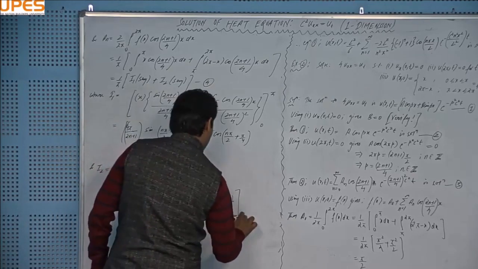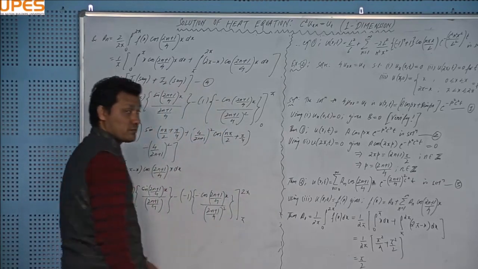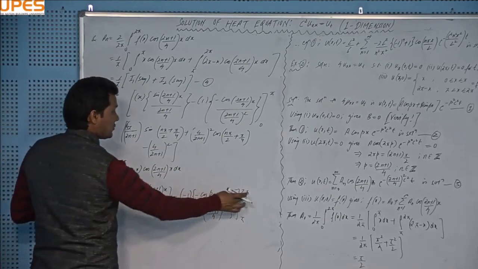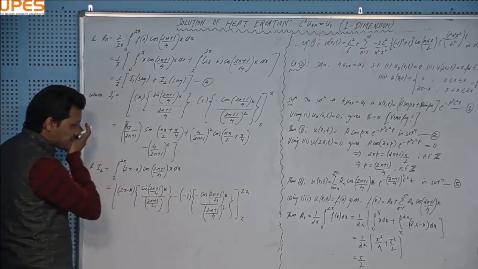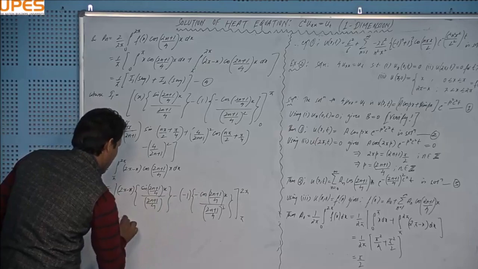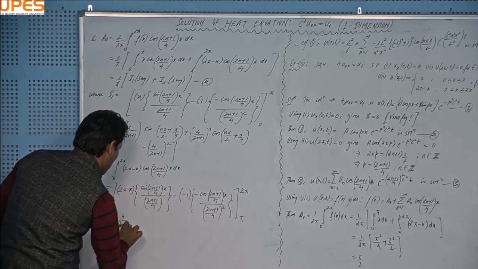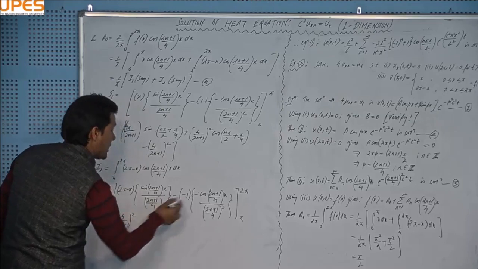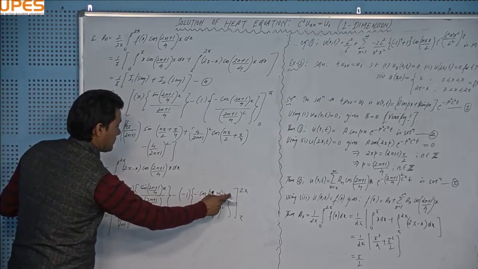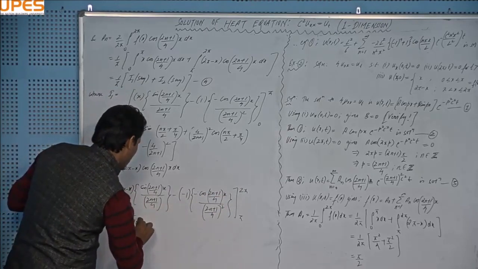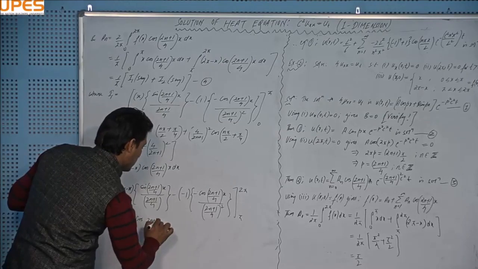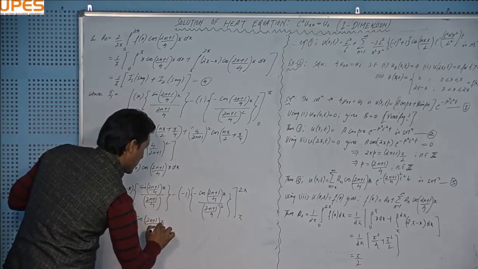Fine. And limits are pi to 2 pi, but this time the evaluation of the limit will be easy, because putting 2 pi here will give this 0, and 2 pi here will give me minus minus plus and then minus 4 upon (2n plus 1) whole square, and this will be 2 pi here, and it will become pi, and 2 here, cos (2n plus 1) by 2 pi, so it will become pi here and by 2.